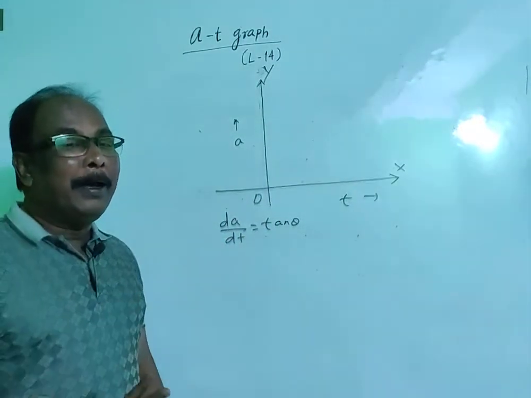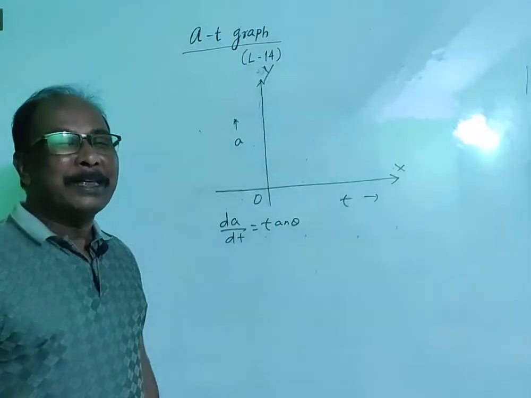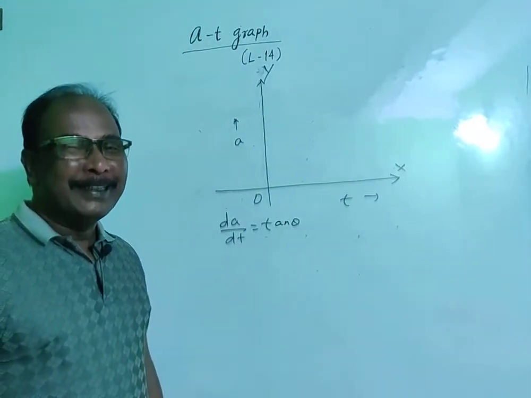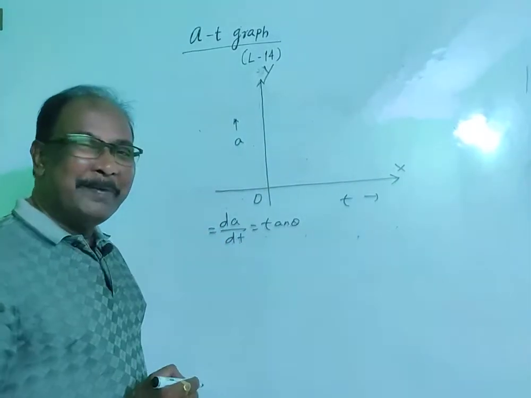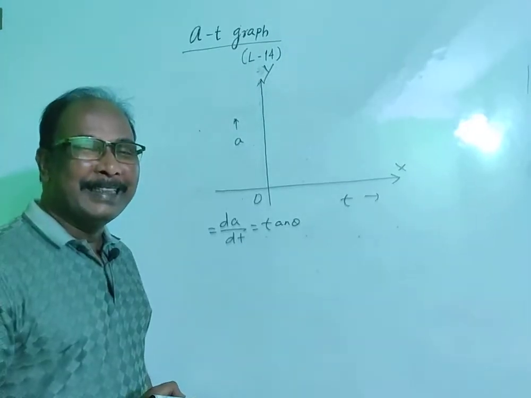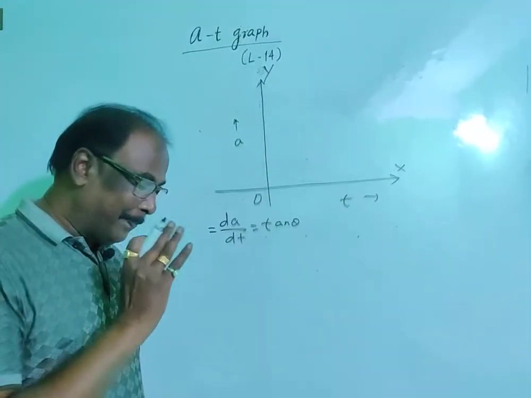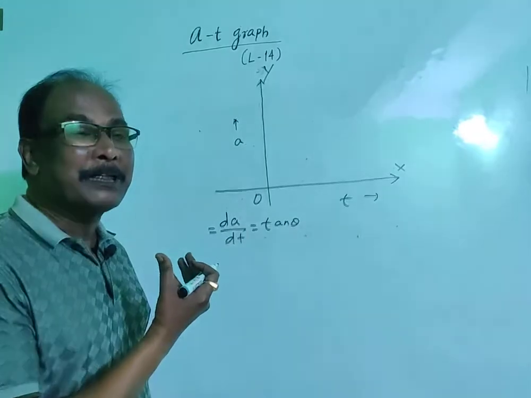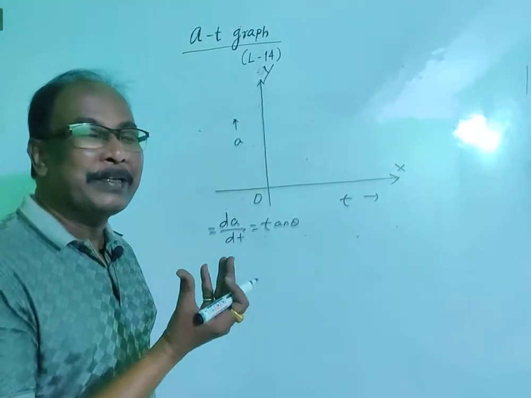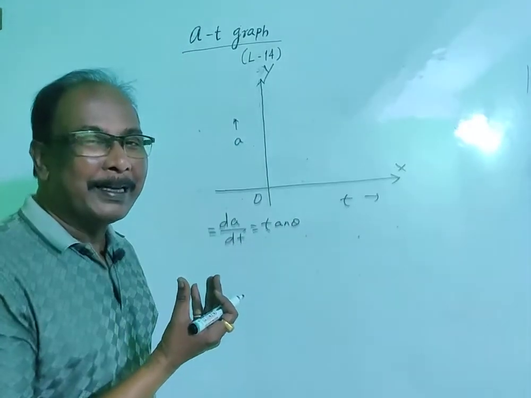So dA by dt is the rate of change of acceleration. What is the name of the rate of change of acceleration? Go to the most beginning lecture on kinematics.